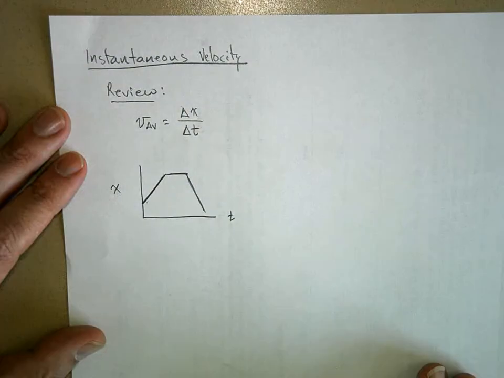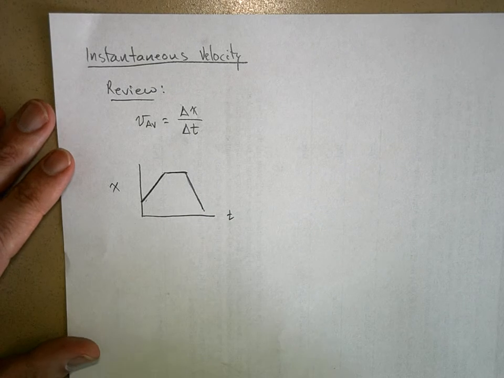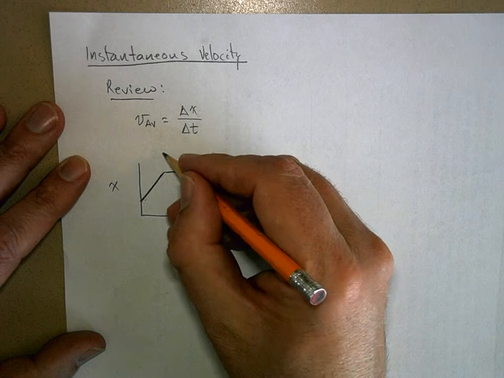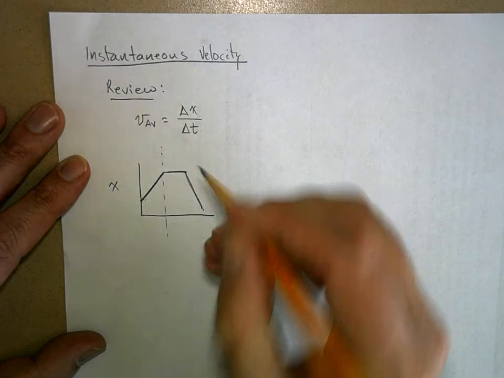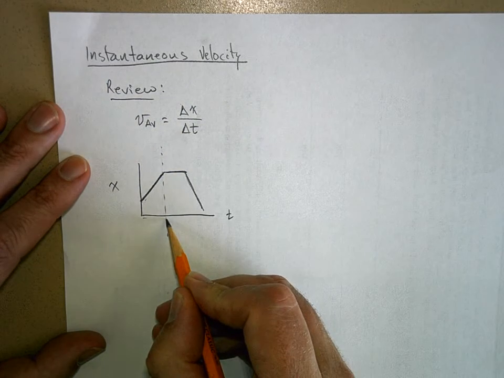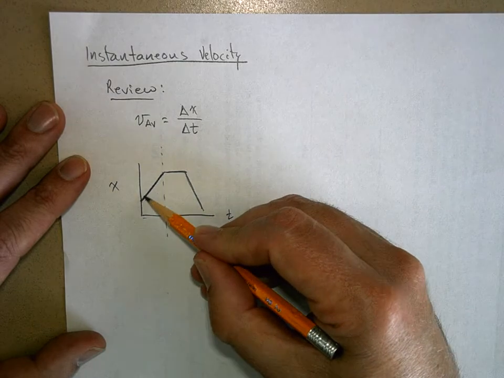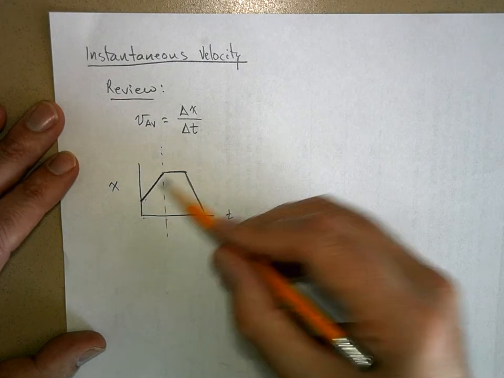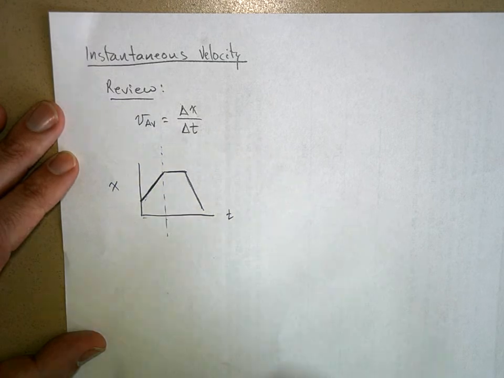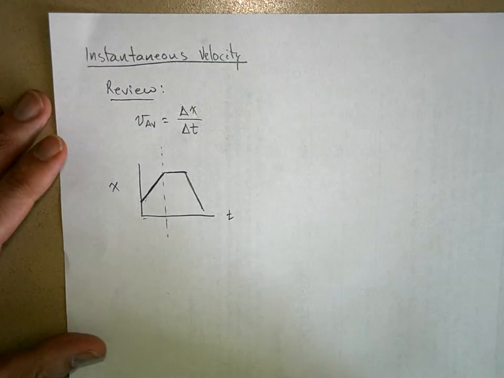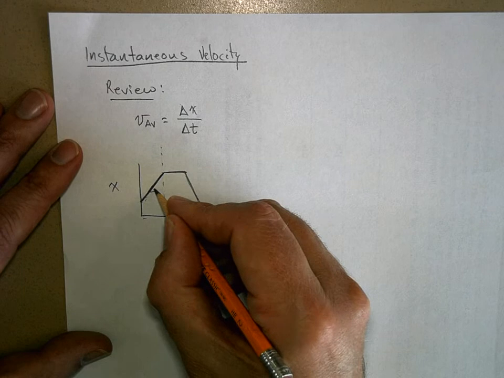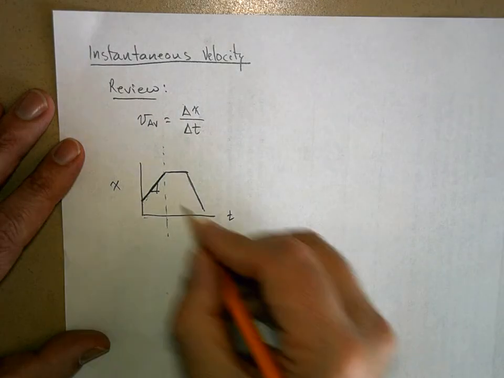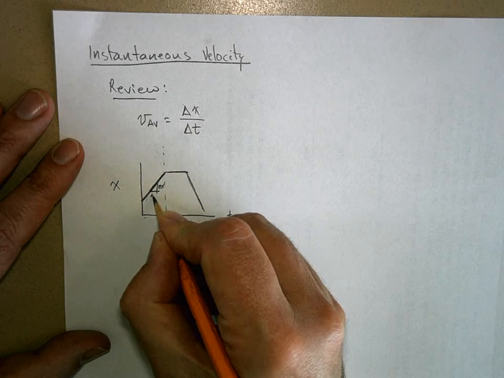Now, for a certain period of time, my velocity stayed constant from here to here. And I could figure out what that velocity was by just taking a little slope, a little delta x over delta t.